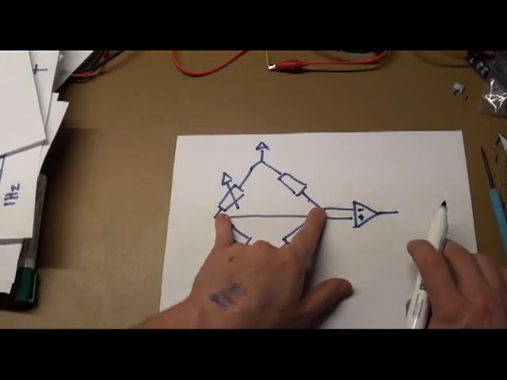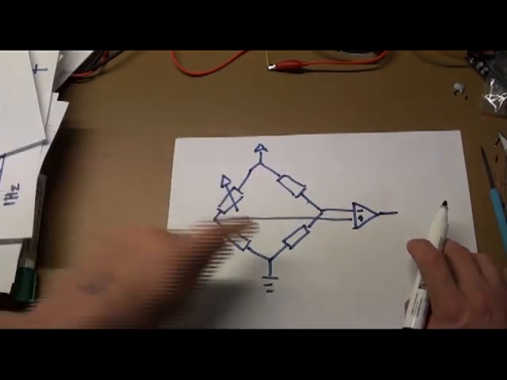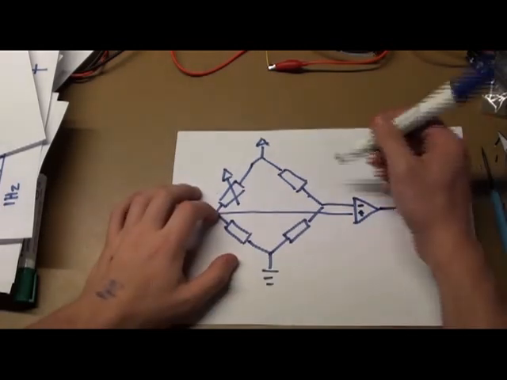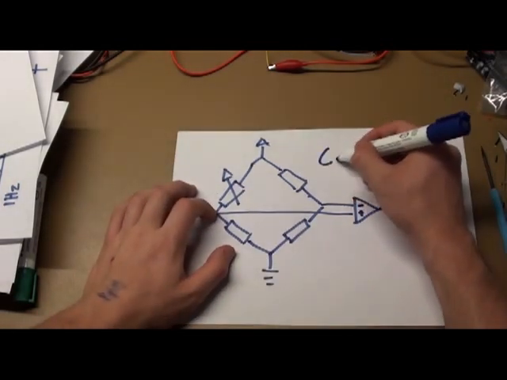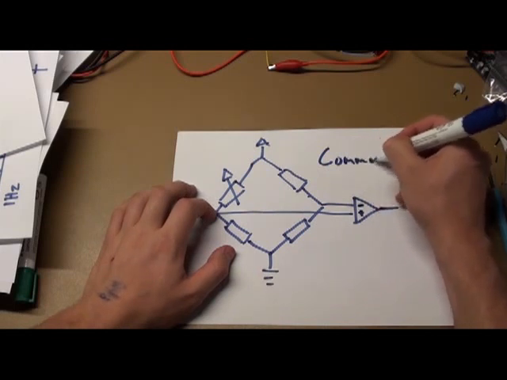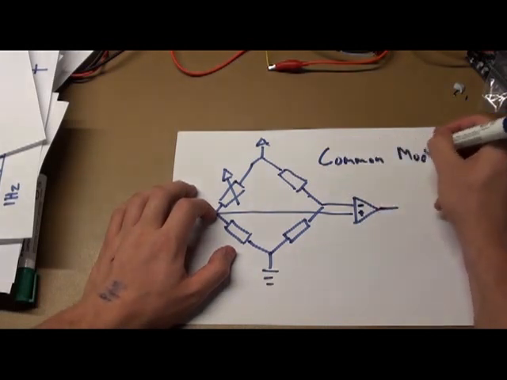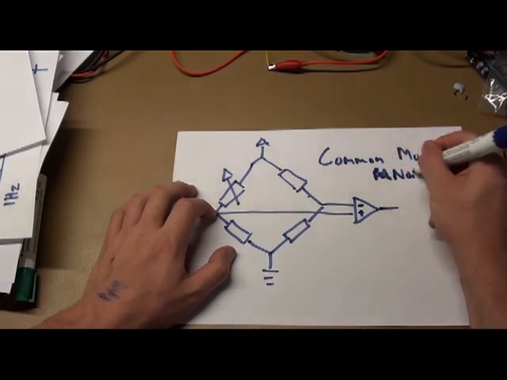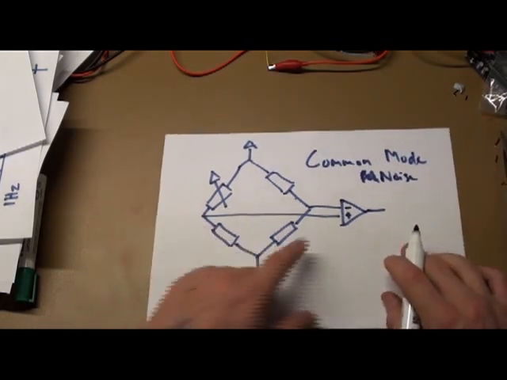The difference between these two is still going to be really tiny, but this exploits a property that we call, see if you can remember, common mode noise.